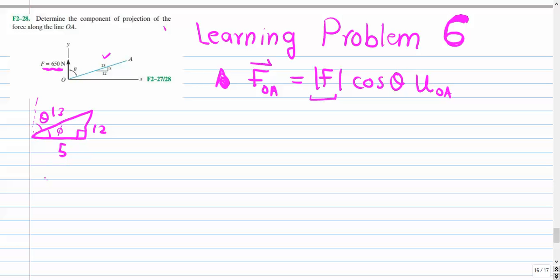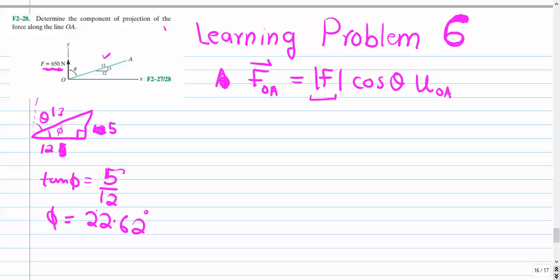Okay, so tan of phi is equal to 12 by, I accidentally switched the two values. Yeah, so tan of phi is equal to 5 over 12, which means phi is equal to, take the arctan of both sides and you get 22.62 degrees.